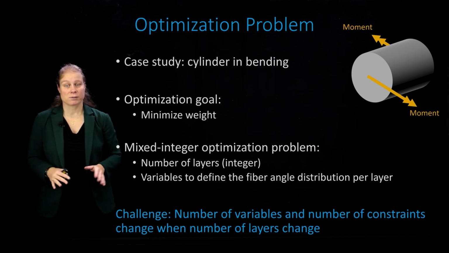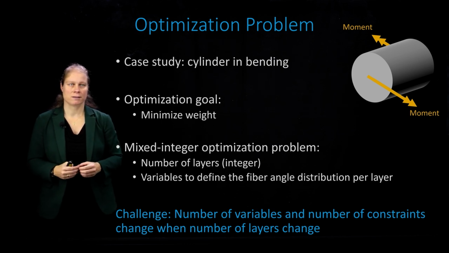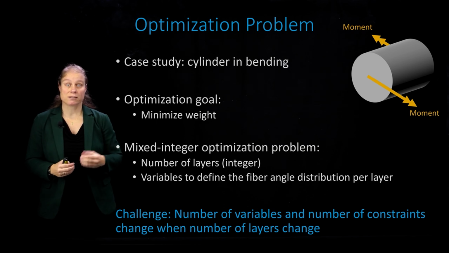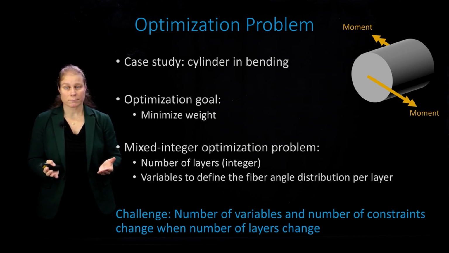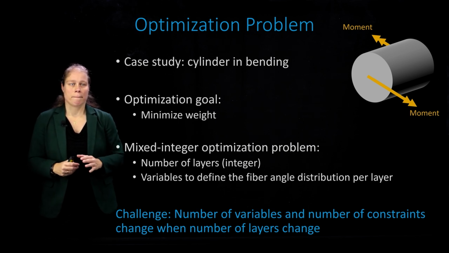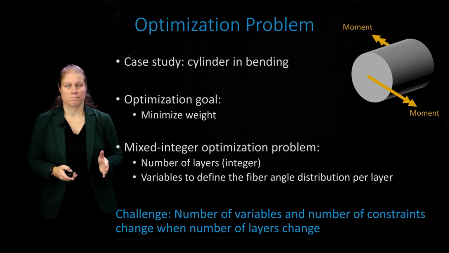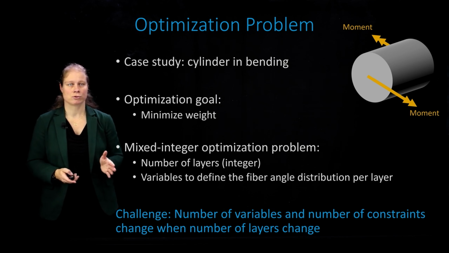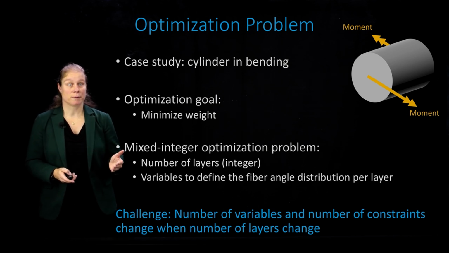There are algorithms and methods out there that will allow you to change the number of variables and use continuous variables in the same problem. But in this case, I actually just chose to do multiple optimizations with different numbers of layers.